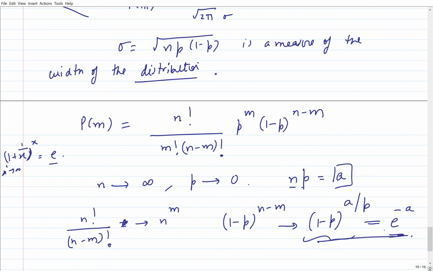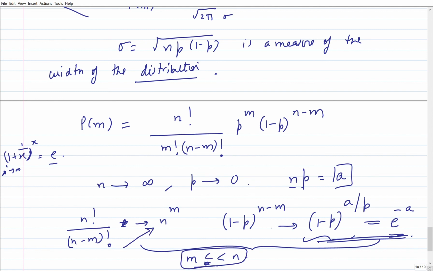So that's what we used over here. And of course in this expression and formula, this is valid when m is much smaller than n. That's why we were able to use this step.